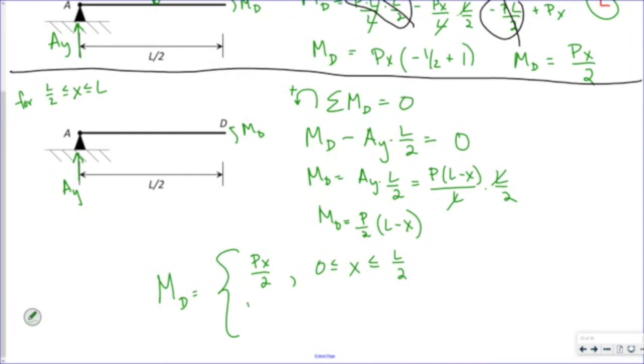And if it's on the second half, P over 2 times L minus X. And again, if you took this equation and matched it up with that table, you should get the same values for those discrete points.